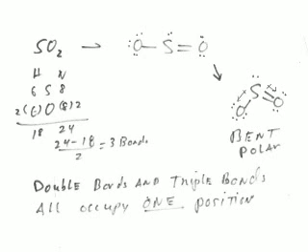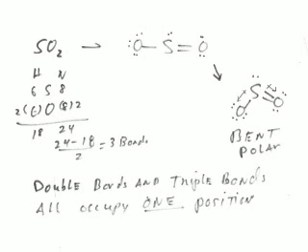And three sets of electrons go into a trigonal planar arrangement. And so that's the arrangement of the electrons around the sulfur. But that's not the shape of the molecule. The lone pair is invisible. We only see the sulfur and the two oxygens. And the bond angle between the two oxygens is only going to be about 120 degrees, since it's a trigonal planar arrangement of the electrons. And so the molecule is going to end up being bent. That's the shape of the molecule.